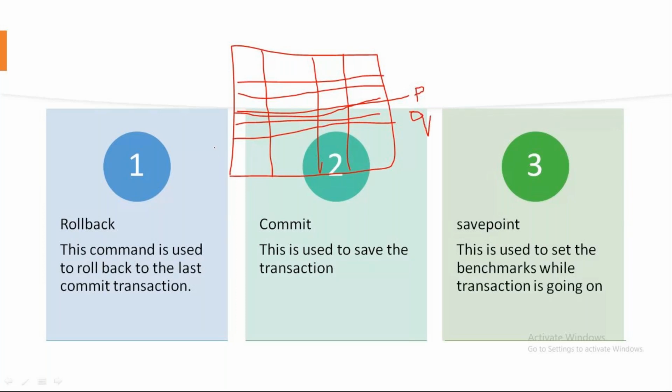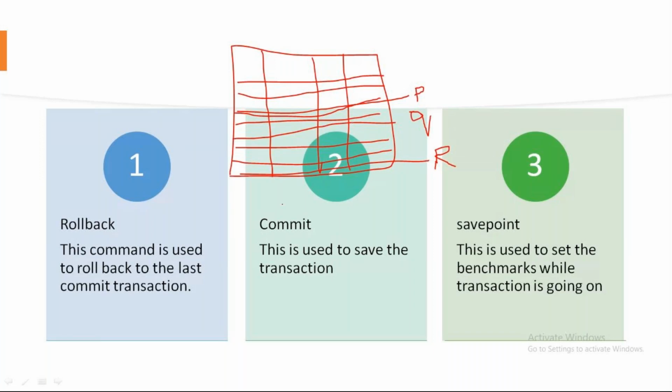After five records, this time I'm taking after five, so I have PQR only. Like that, I'm going to have savepoints. What is the use of a savepoint?